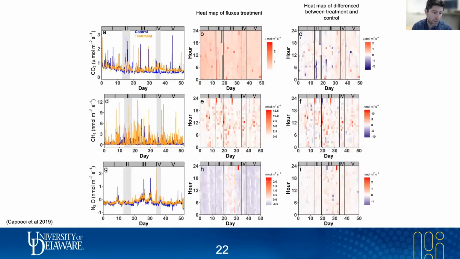This is a study that Maggie Capucci did a few years ago, where she was making automated measurements of CO2 and, in this case, nitrous oxide, and we found that there is a lot of temporal variability. So where to measure and when to measure? Things get very complicated for methane and even more complicated for nitrous oxide. So carbon accounting: how we put all these things together and how we can do this.